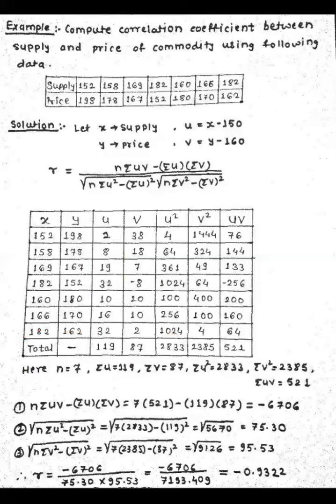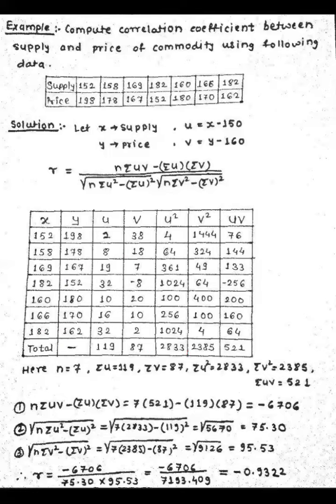Now here n implies the number of observations. So here the number of observations is 7. So n is 7. Summation of u is 119. Summation of v is 87.